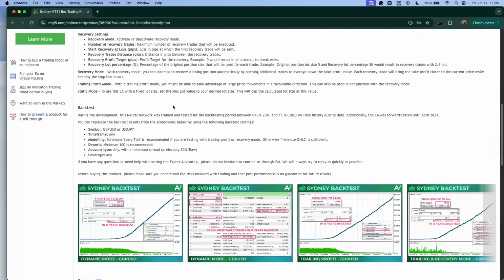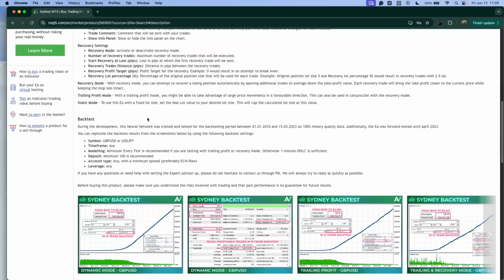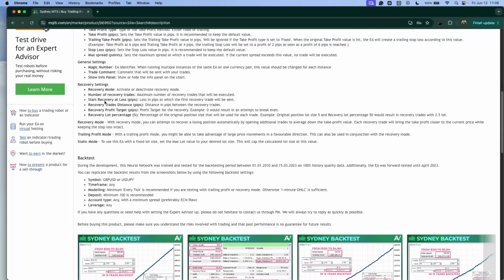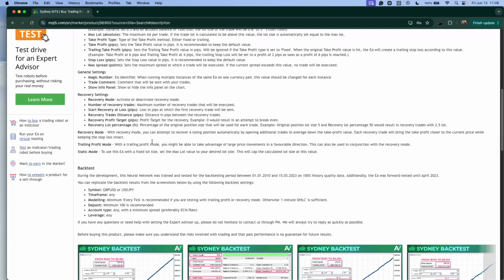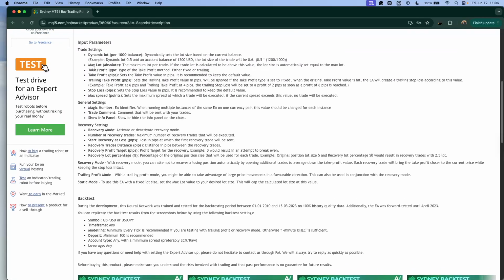Now for the key features that they market, they push the dynamic lot per balance. They also have the trailing. These are the input parameters. They have the trailing take profit. They have the recovery mode with specific pips for the start distance. They also have the recovery trades, the recovery settings, and the profit target.